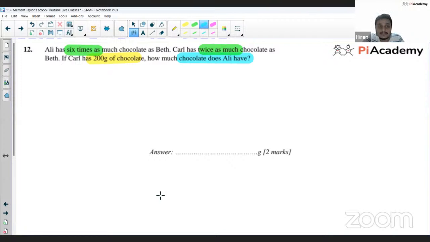So what it means, Beth must have 100, right? This way Carl is going to be twice, so 2 times. Agree? So the relation we have considered first is the relation between Beth and Carl. Now after that, Ali has 6 times as much chocolate as Beth.